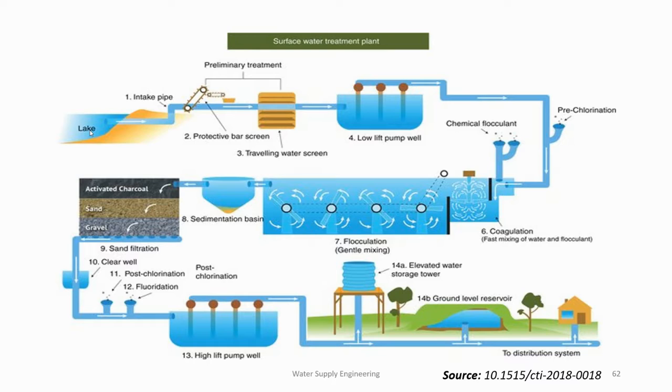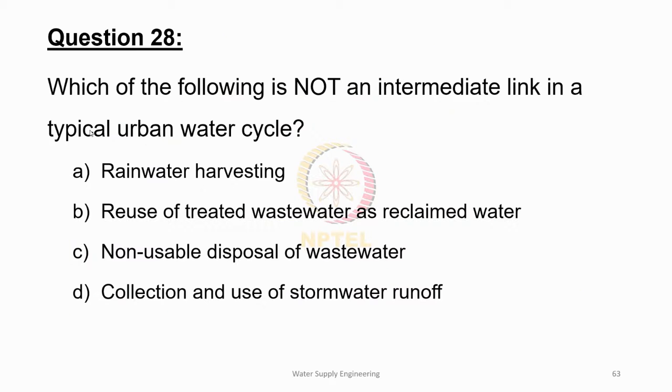So moving on to the next question. Which of the following is not an intermediate link in a typical urban water cycle? Option A, rainwater harvesting. Option B, reuse of treated wastewater as reclaimed water.